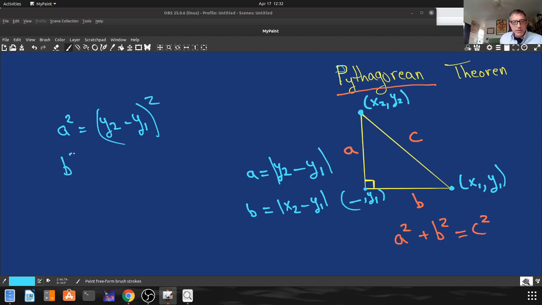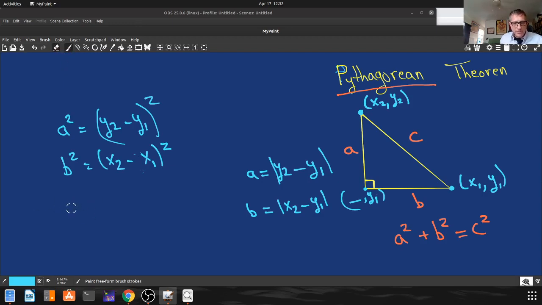And B squared is going to be x2 minus, not y, but rather x1 squared. So C squared is equal to A squared. Let me just write this out for you. I actually usually don't derive this in class because I never have the room.